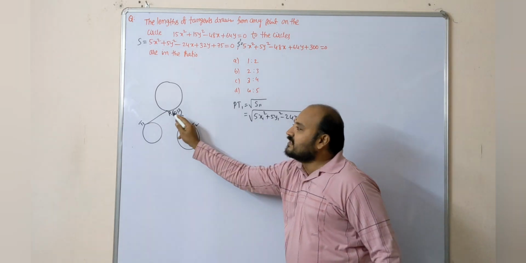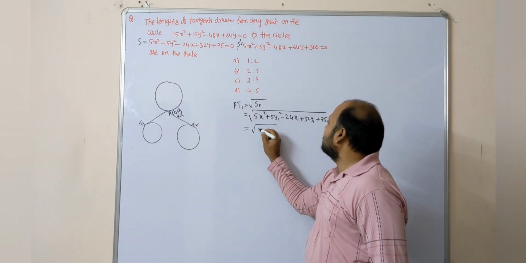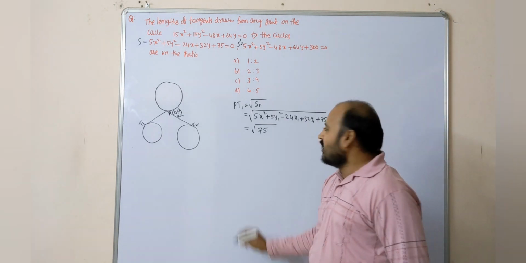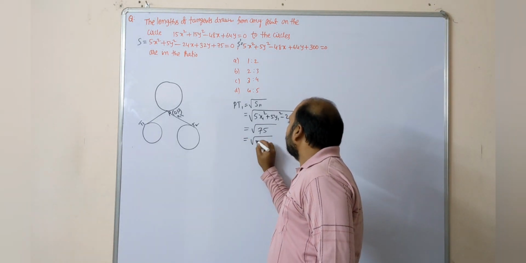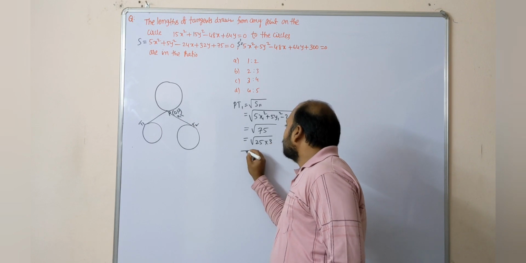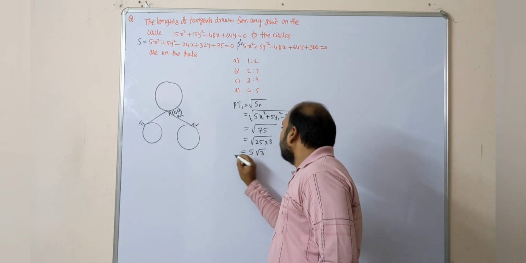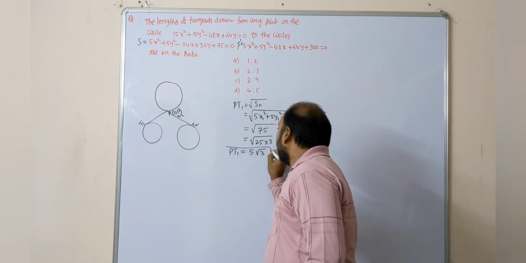It is not in the general form, but you can write it like this, nothing will happen. In place of x1, y1 put 0, 0. So what happens? This is root 75. We can write it as root of 25 into 3, so that is equal to 5 root 3. Okay? So PT1 we have.